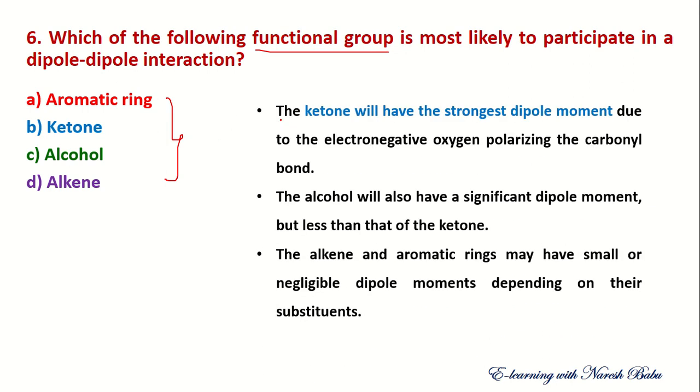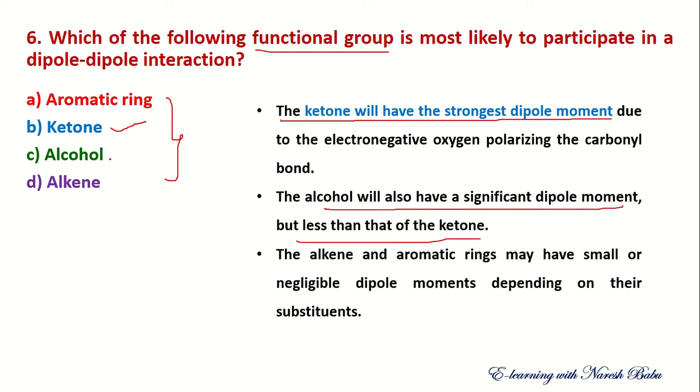The ketone will have the strongest dipole moment, due to the electronegative oxygen polarizing the carbonyl bond. Due to the presence of the C double bond O, a more electronegative oxygen is present, so it has the strongest dipole moment. Alcohol also has oxygen and a significant dipole moment, but less than that of the ketone.